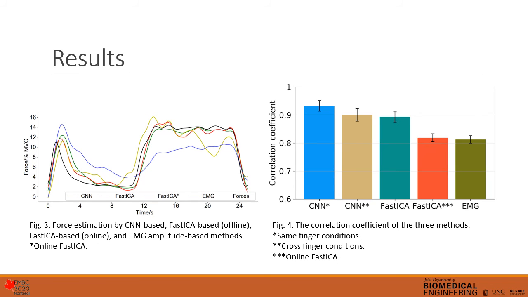The CNN method also showed a higher correlation coefficient than the online calculation of the fast ICA-based method of 82%. Specifically, the CNN-based method achieved higher correlation coefficients in the same finger conditions than the cross-finger conditions.